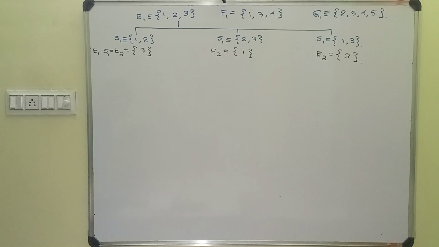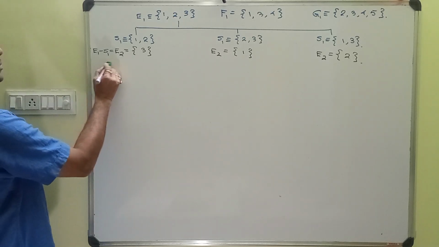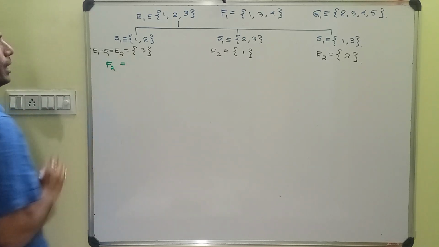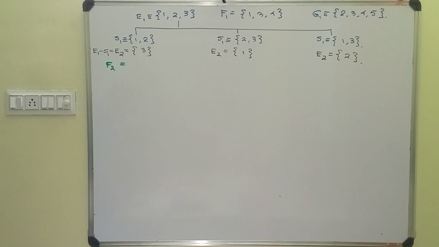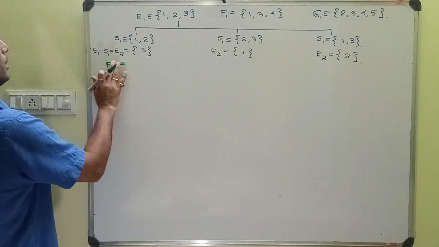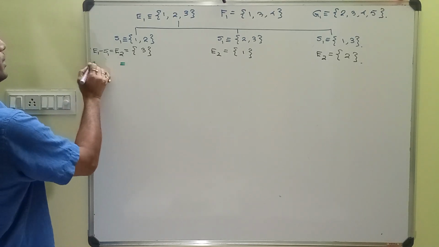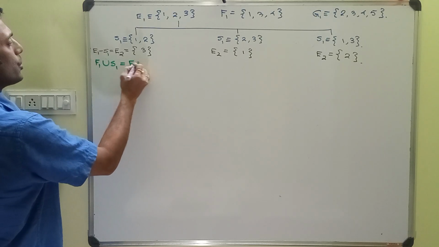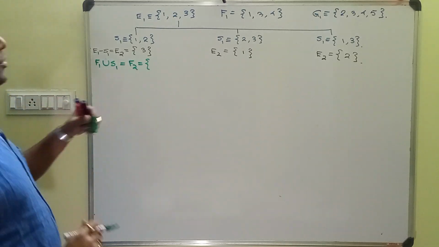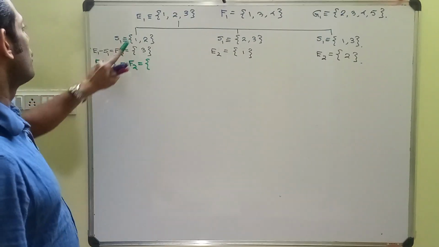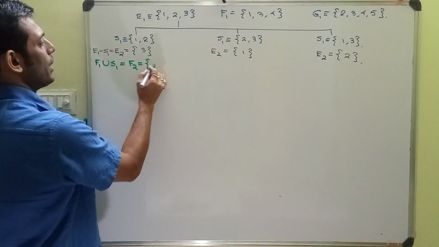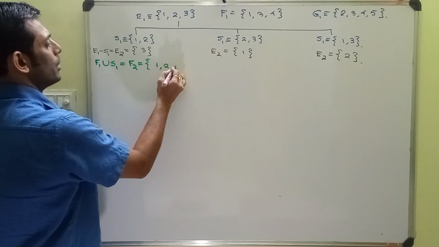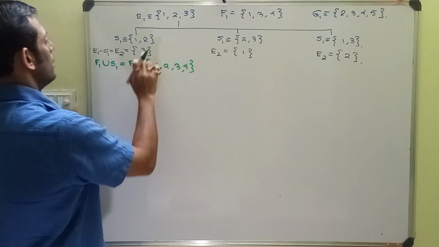Next, F2 is F1 union S1. Let's say we define F1 union S1 is your F2. Now this is F1 and this is S1. That means we have 1, 2, 3 and 4.